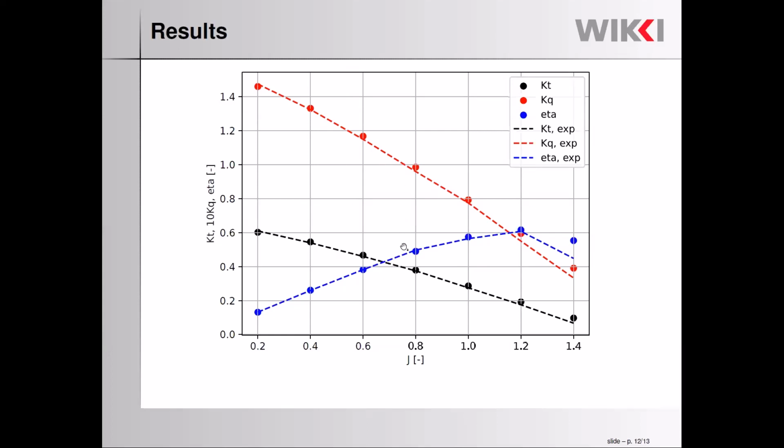Everything works nicely until the last point, and I don't really know what happened there. I am not able to find anything wrong in my simulation, so I don't know. Probably it will require some more investigation on my part, or just say that the experiments are wrong, which I don't really want.